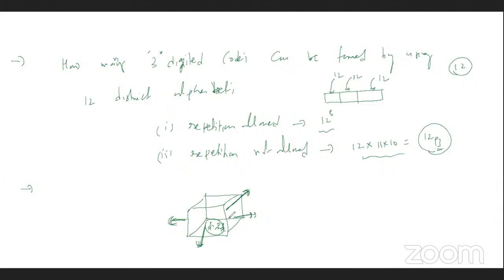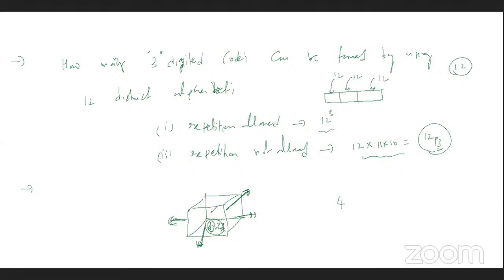4 cubed, sir. How? For the first person, how many chances do we have?